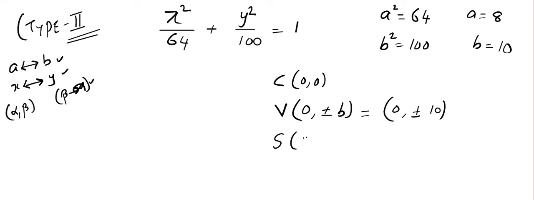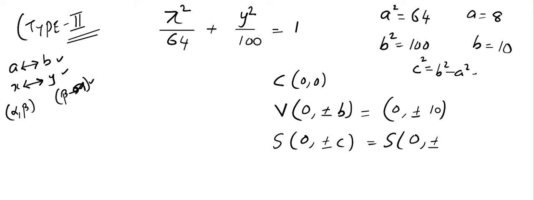The foci are 0 plus or minus c, and that will be 0 plus or minus... I'm going to use the method c. What's the formula? b square minus a square. That will be 100 minus 64, that will be 36, so 6. Okay, now I'm going to write c is equal to ae, so e is equal to... oh, that is not the relation.